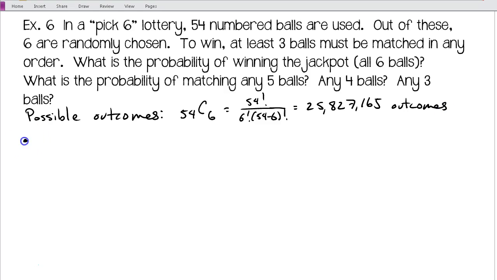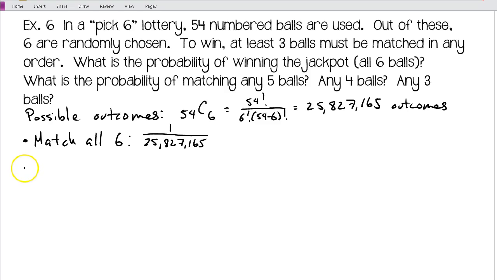If we're going to match all 6, there is only going to be one way out of 25,827,165 ways that we can match all 6.